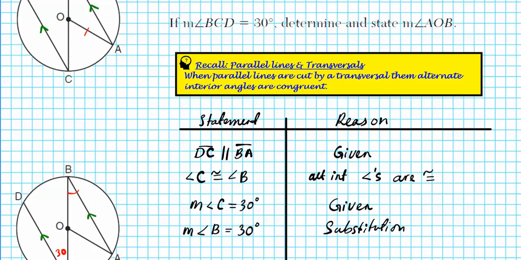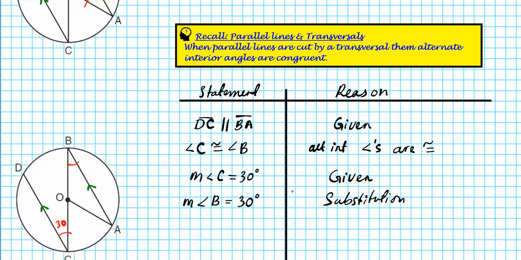So let's go ahead and write down some pieces of information. We know that BC is the diameter. Segment BC is a diameter. That's given.